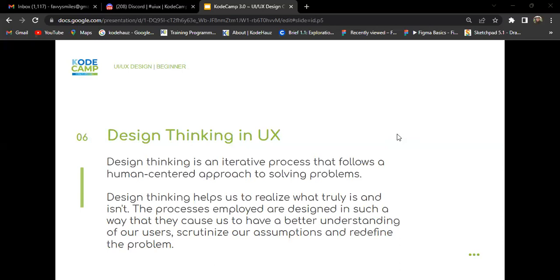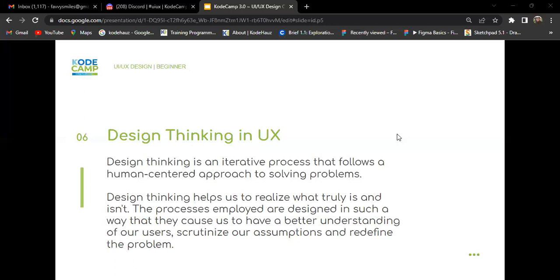So I'm just going to be very practical with us. Let's say that we have two types of UI UX designers. We have the people that came out of KodeCamp, right? And we have the people that did not. So we have A and B. The first group, the people that came out of KodeCamp, have an understanding of design thinking.